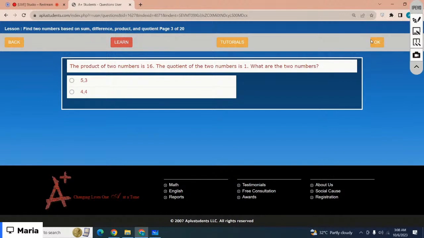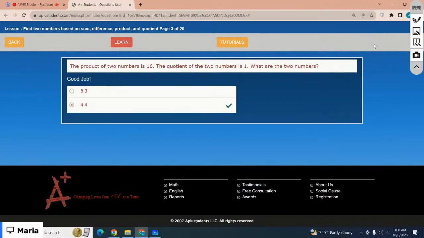Which is the correct option? The correct option is the second one. 4 times 4 makes 16, and when you divide them, you have the answer 1. So the correct option is 4 and 4.